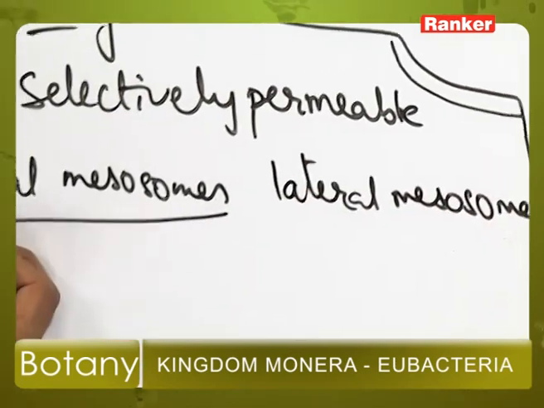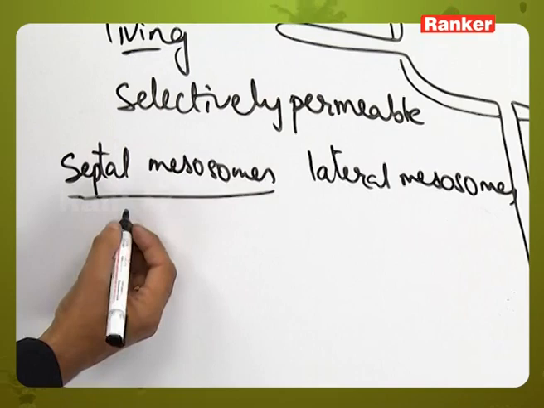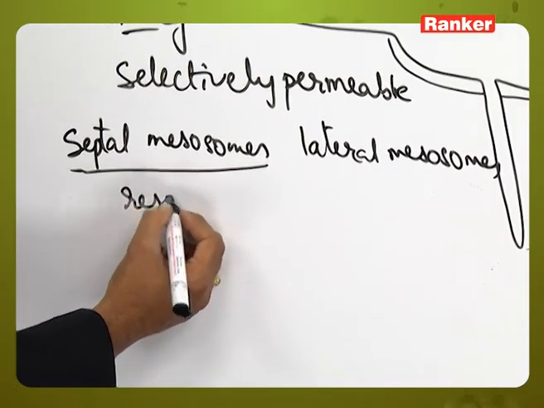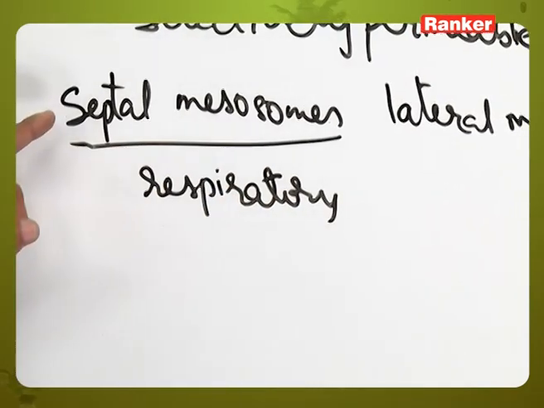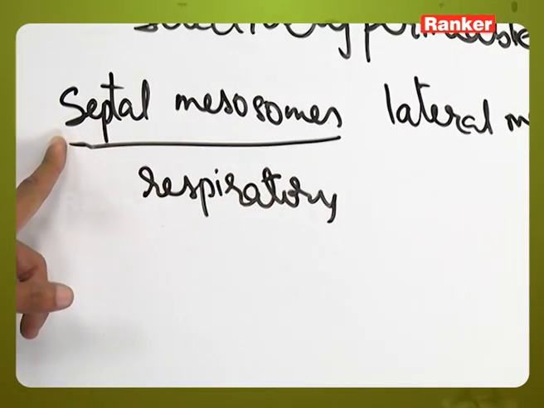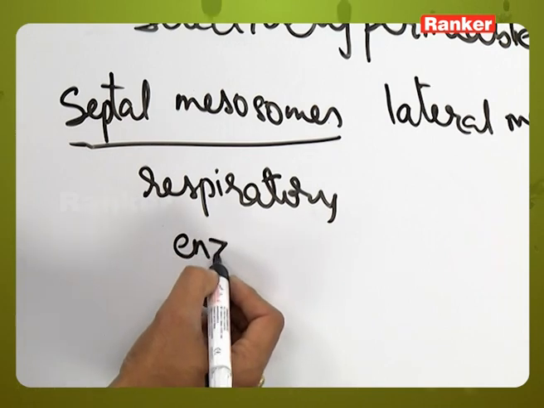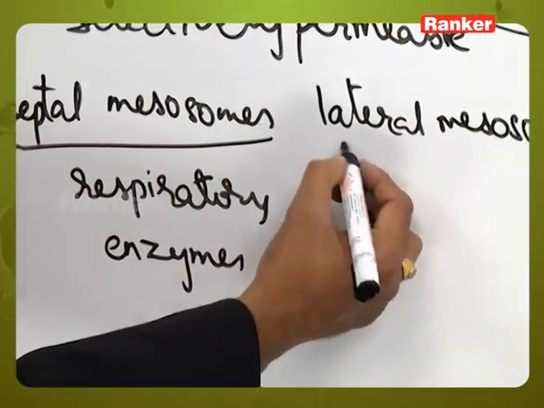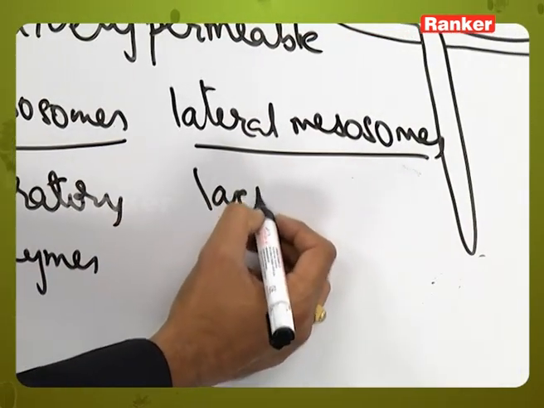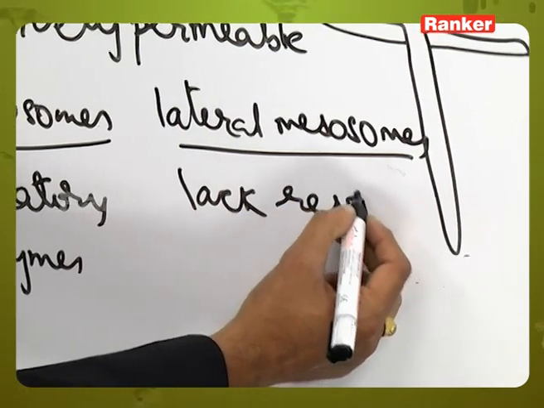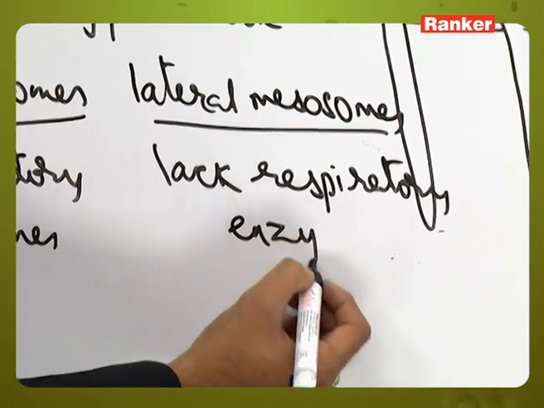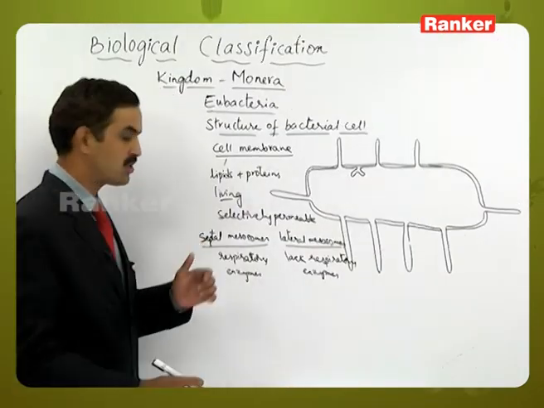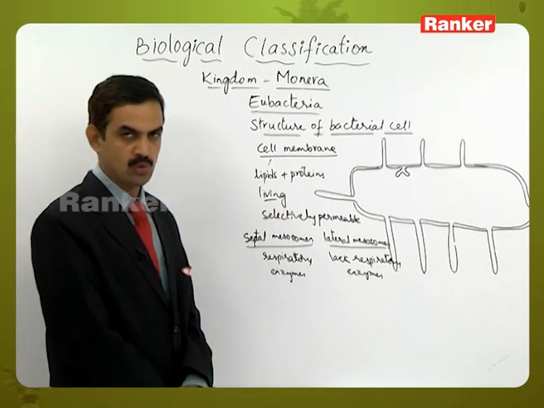The mesosomes which have the respiratory enzymes or respiratory-related aspects are called septal mesosomes, and lateral mesosomes are the ones which lack respiratory enzymes. Based on this character, they differentiated the mesosomes into septal and lateral mesosomes.